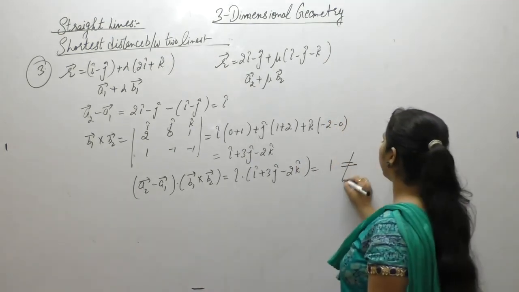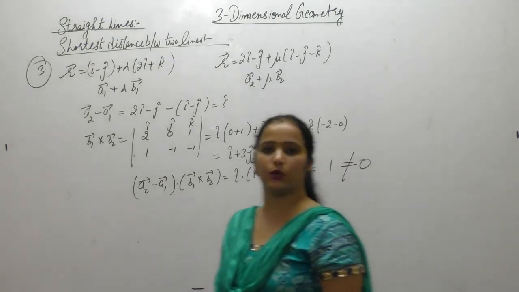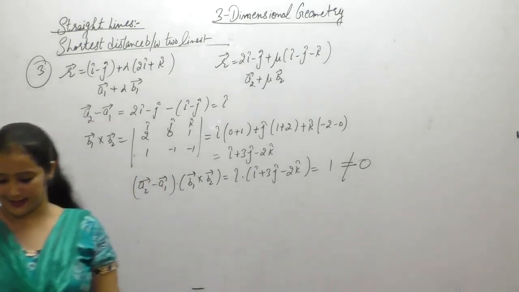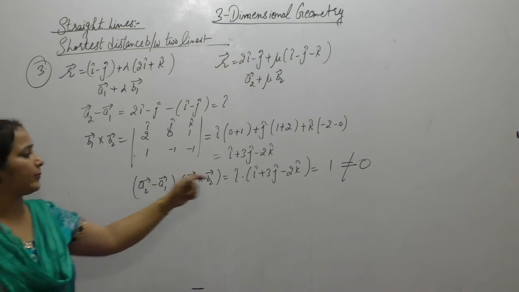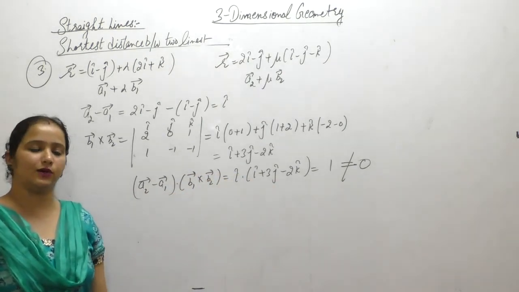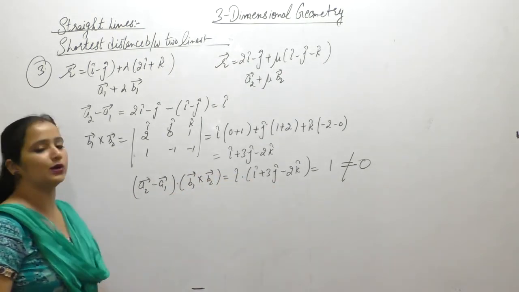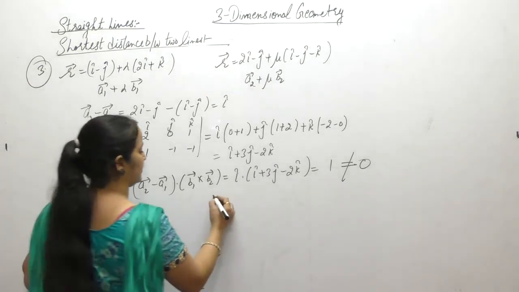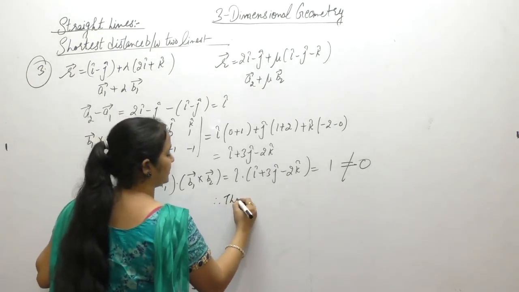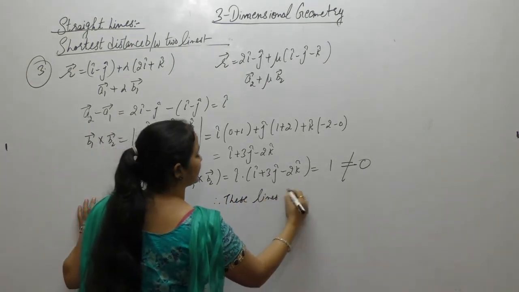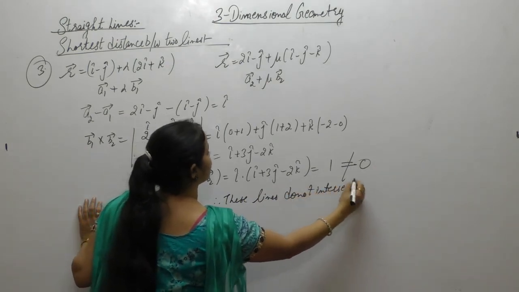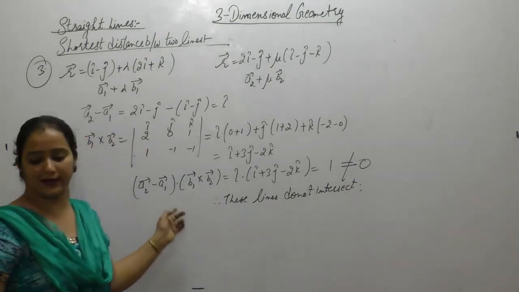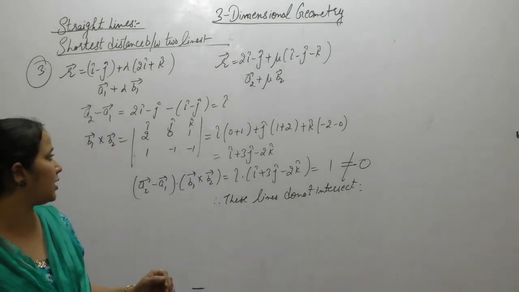If the dot product is equal to 0, then these lines intersect, otherwise not. Since this dot product is not equal to 0, therefore these lines do not intersect. Therefore, given lines do not intersect. Shortest distance का formula use करते हुए prove करना है कि these lines intersect or not.